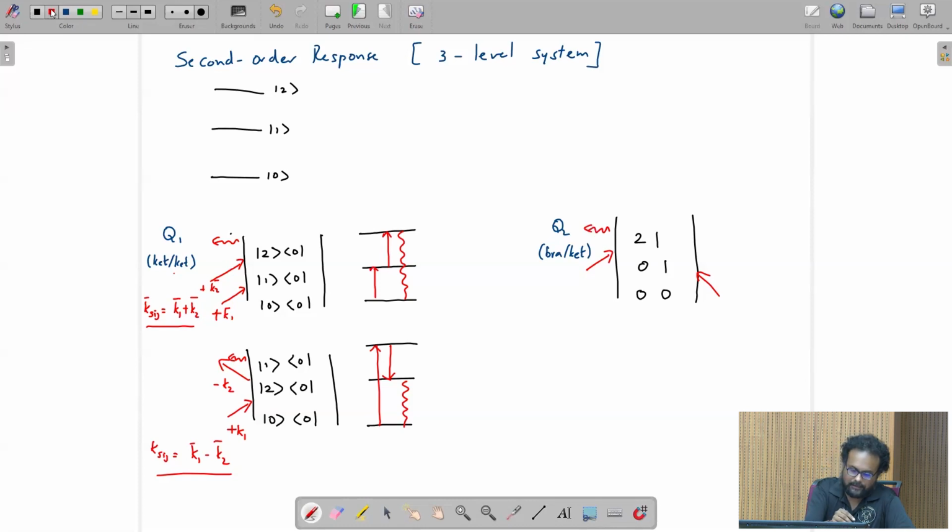What will be the direction of emission of signal in this case? K2 minus K1. Good. Always, for the sake of consistency, say the first interaction first.